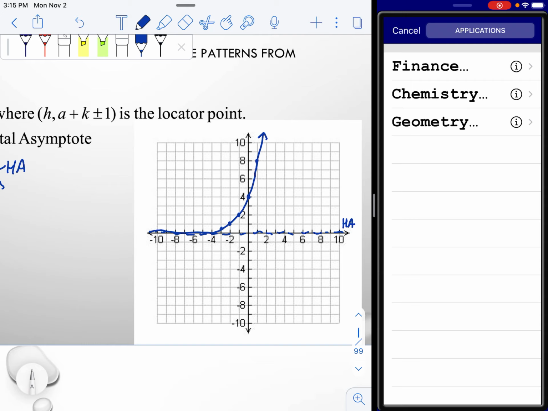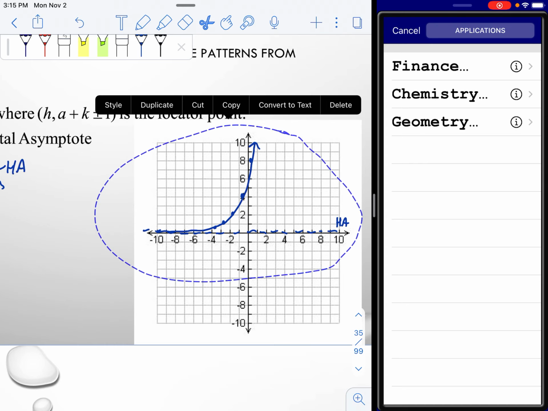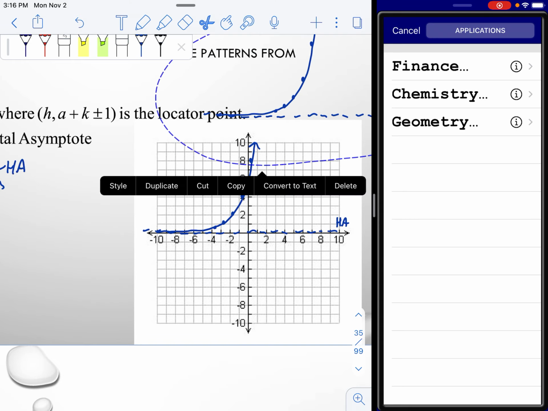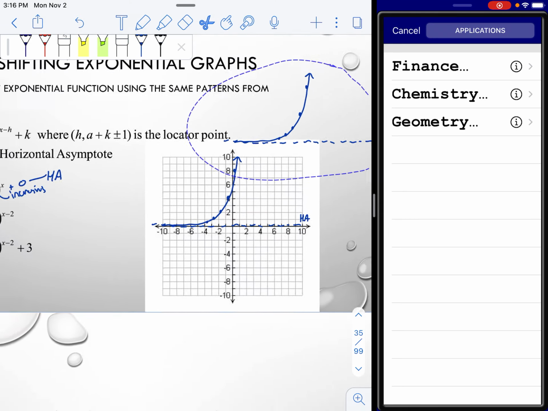So if we take all this, oops, let's try this again. That's not what I wanted to do. Where'd my line go? Now let's cut this out. All right, we're going to keep that up there just for a hot minute.